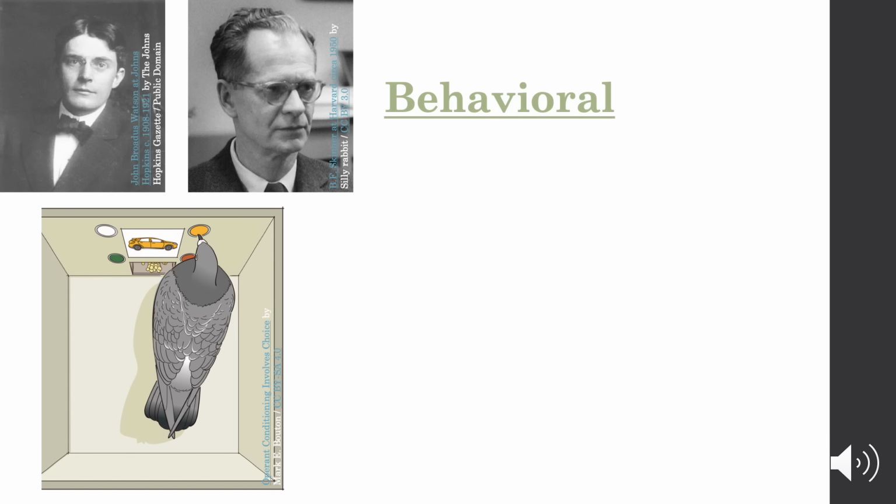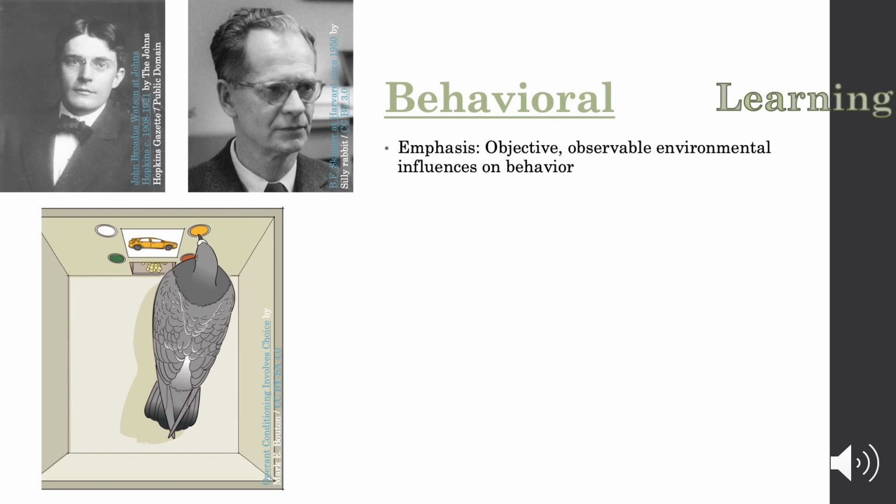The behavioral perspective rejected studying the unobservable, unconscious mind of psychoanalytic theory. The behavioral perspective is strongly associated with learning. Early behavioral psychologists like John Watson and B.F. Skinner, both pictured at the top left, studied how the environment shapes our objective, observable behaviors.